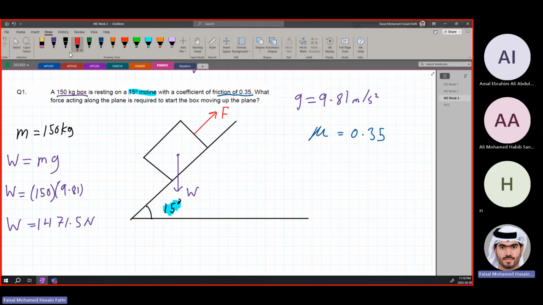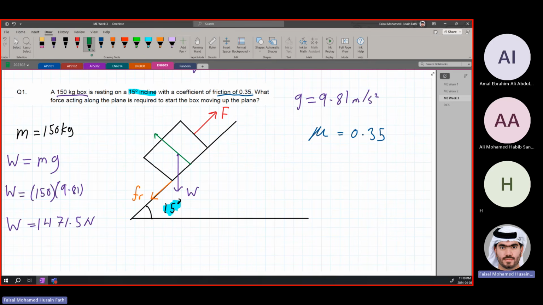And we know that we have a friction force that is going to be acting in the opposite direction. Over here we have this friction force FR. Why? Because now we want to push this force upwards, all right? So that it can overcome this friction force and move upwards. This is the whole idea. And we can draw our normal force from the surface over here to the top, like this.